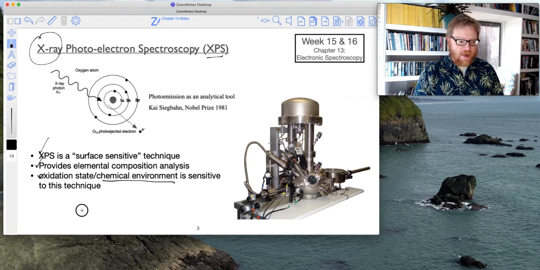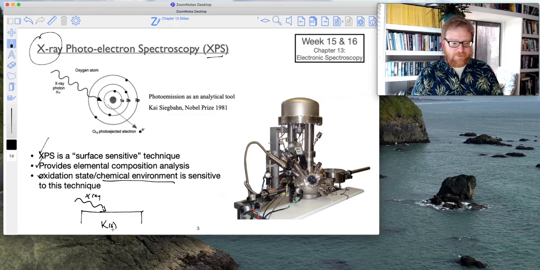What I mean by that is, if here is my analyte in question, let's go back to that potassium metal example. Let's suppose this is K solid. When this incident radiation, specifically this X-ray, comes in, photoelectrons are ejected.